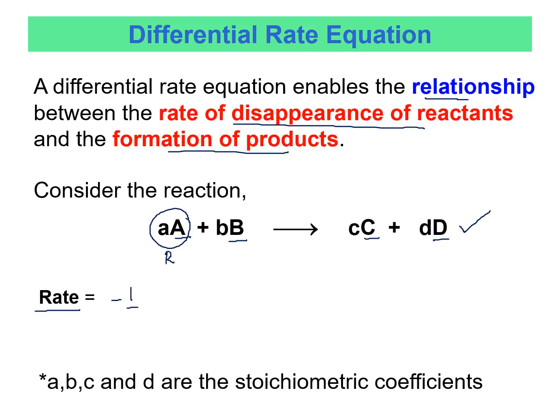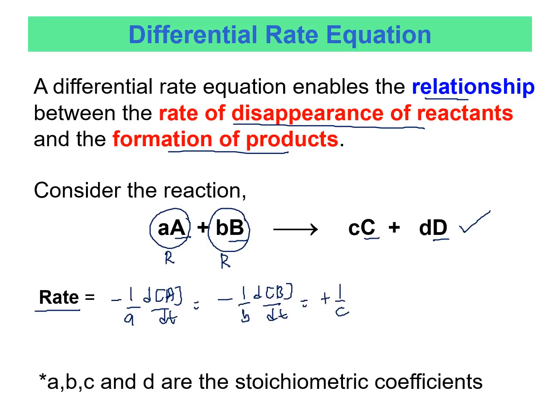So 1 over stoichiometric coefficient untuk A iaitu small letter a times change concentration of A over dt equals to negative 1 over b. Negatif sebab B ini adalah your reactant. Times change concentration of B over dt equals to positive 1 over c.